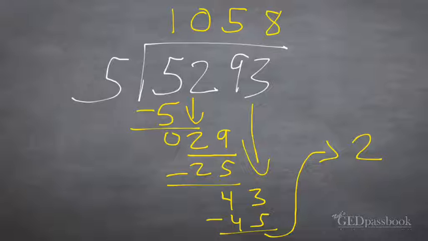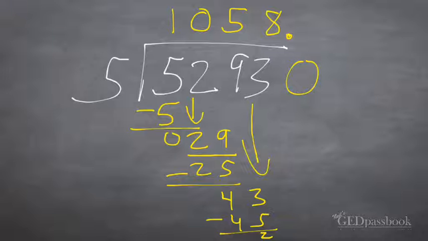A remainder of 2. So what must you do? There's a 2 there. What we have to do is create that decimal and create that 0. Bring it down and then ask ourselves, how many times does 5 fit into 20?